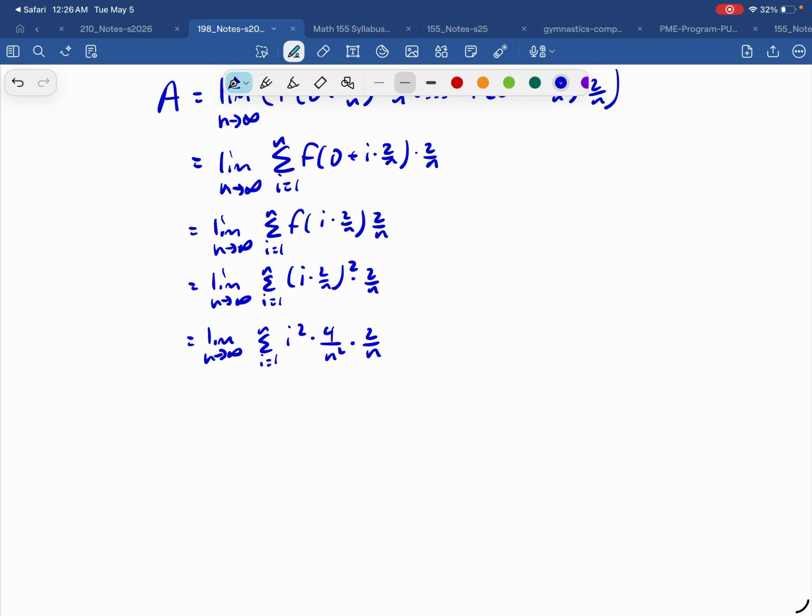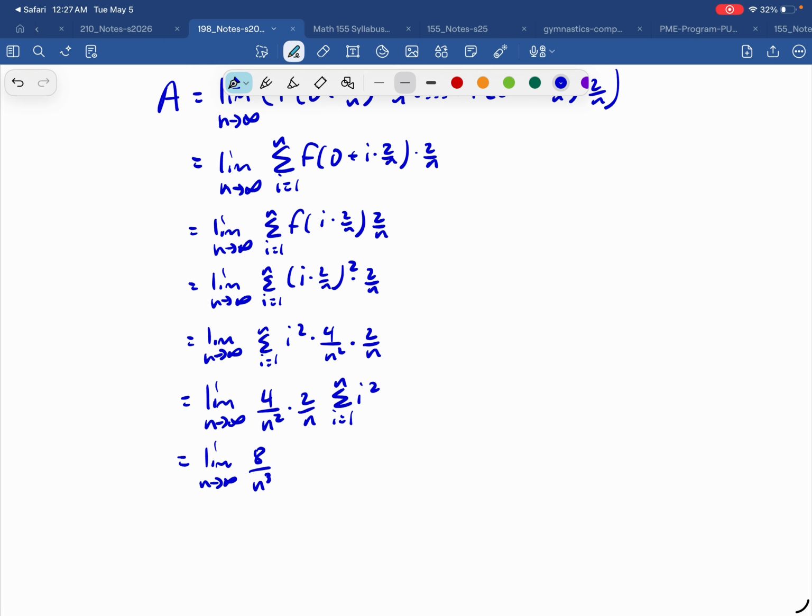Now, just noting that the sum of the i squared part is the only thing that's tricky. We can actually just not worry about the n stuff. Turns out you can just factor it all out and take it on the outside. And it turns out, number one, we can simplify this to just 8 over n cubed.